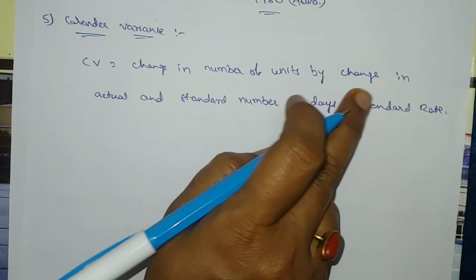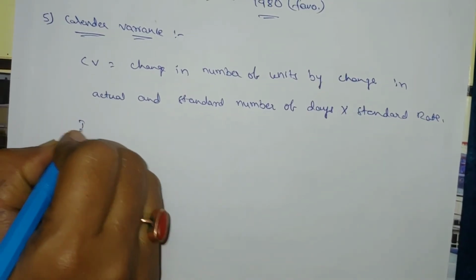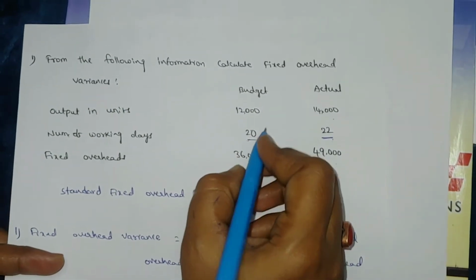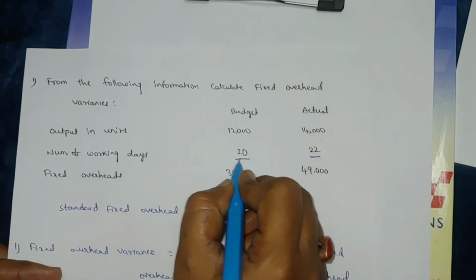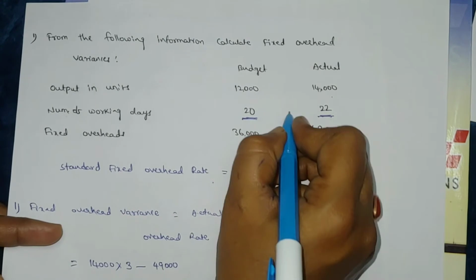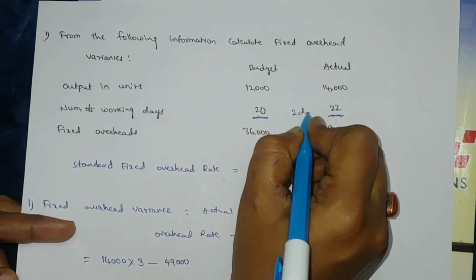Change in number of units by change in actual and standard number of days is equal to increase. In this, standard working days is equal to 20 days and actual working days 22. There is the difference between two days.